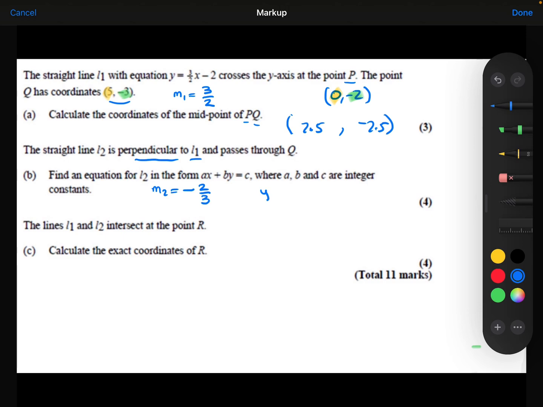So I can say that y equals minus 2/3 x plus c. It passes through the point Q, which was the coordinate (5, -3). So the y coordinate is minus 3 when the x coordinate is 5.